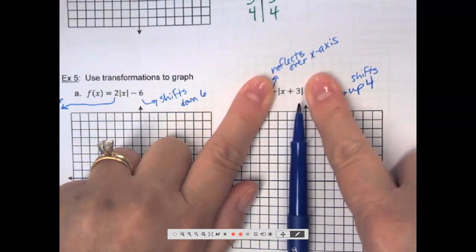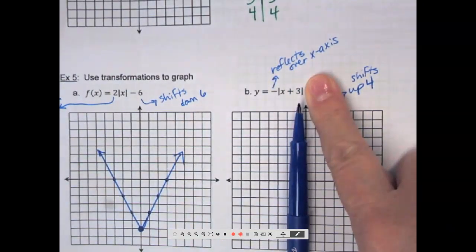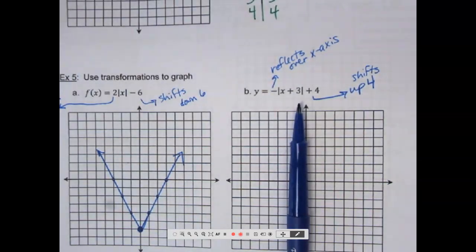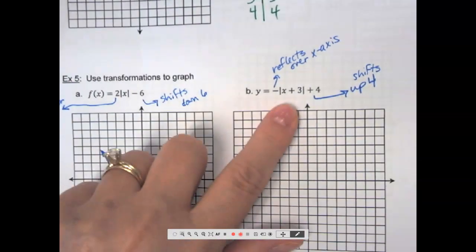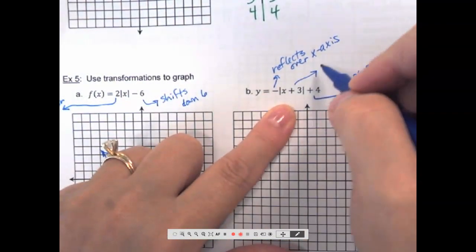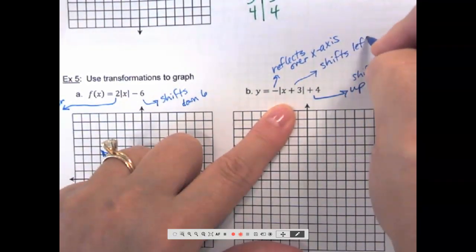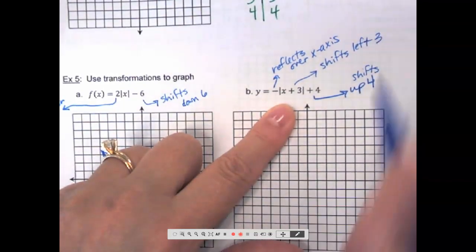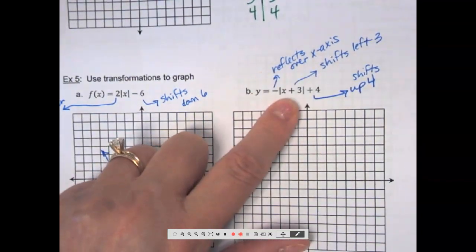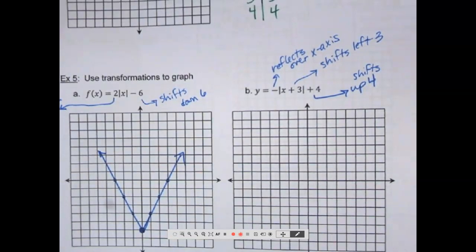If x is what? A -3. It's going to move it in a -3 direction. Okay, and if we're talking horizontal, a negative is left. So this is a weird little shift. It will go left 3. If it was a minus, it would go right.